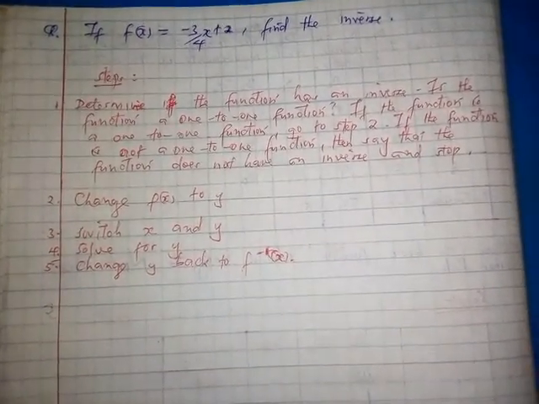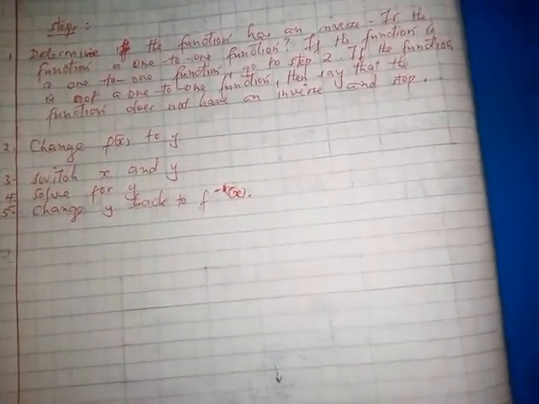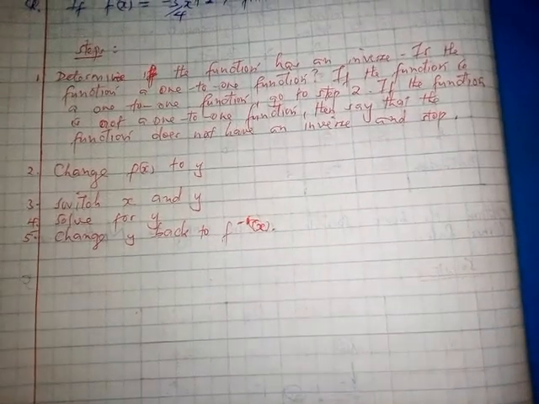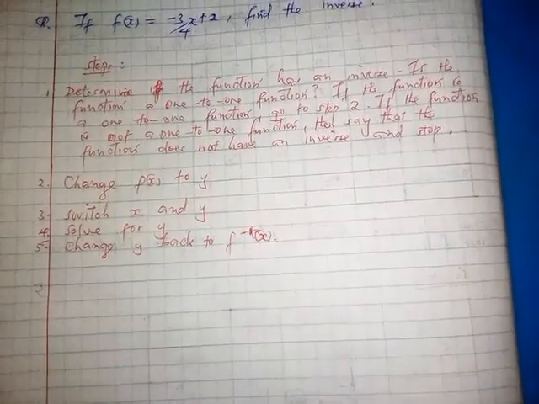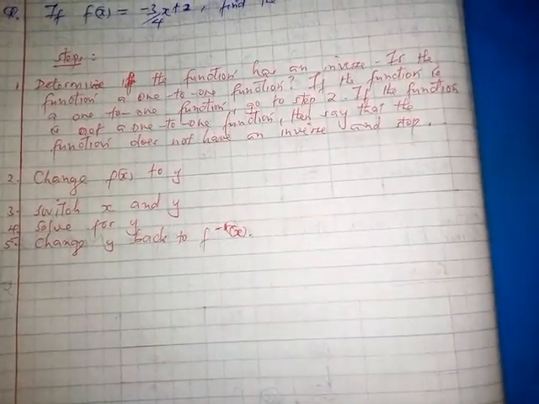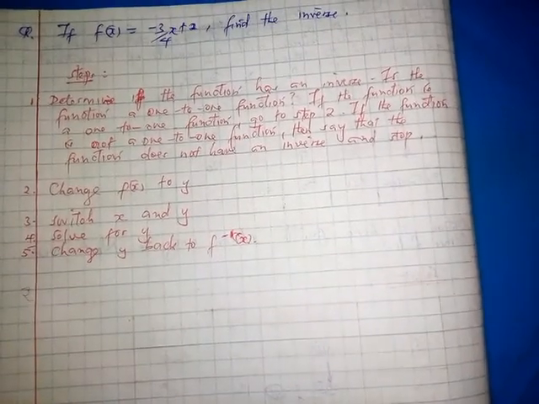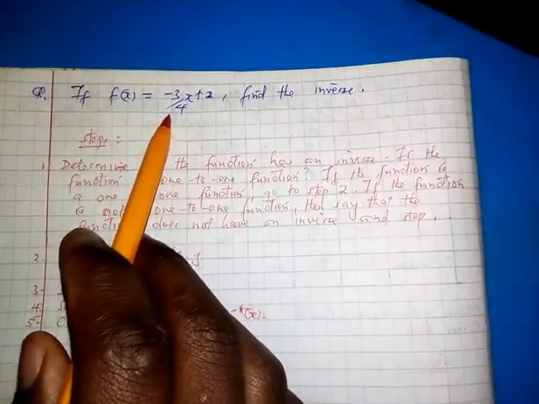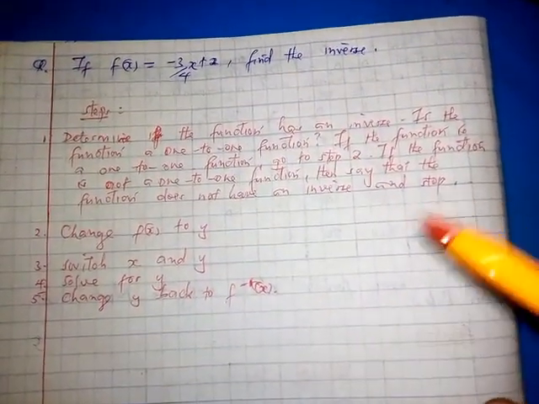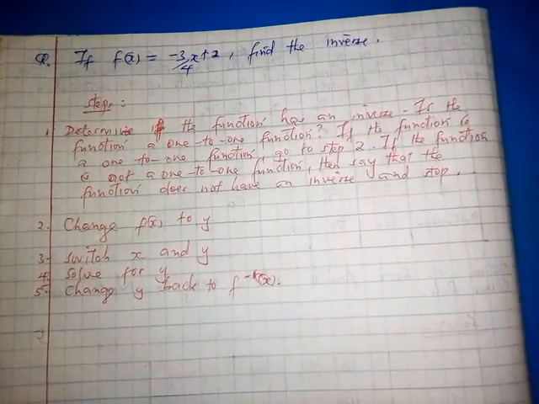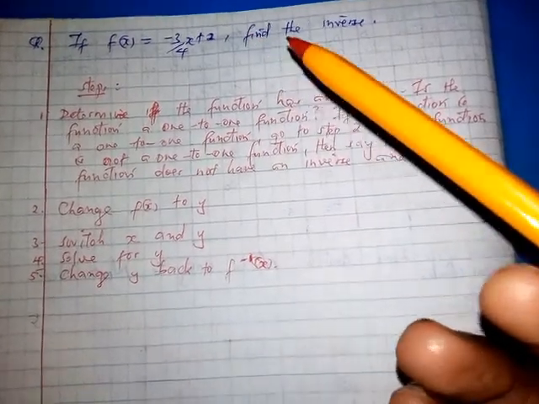F(x) is a linear equation. The graph of f(x) is a line with the slope of negative 3 over 4 and the y-intercept of (0, 2). Remember, if x is 0, y is 2.